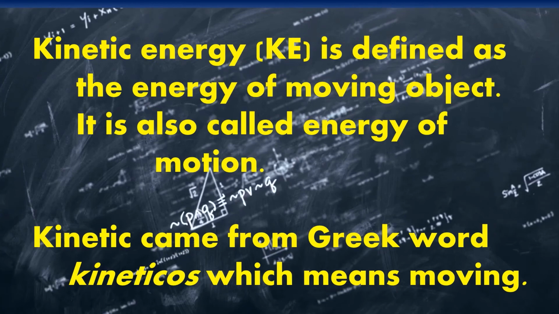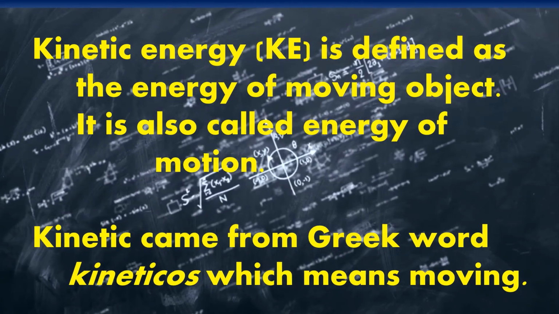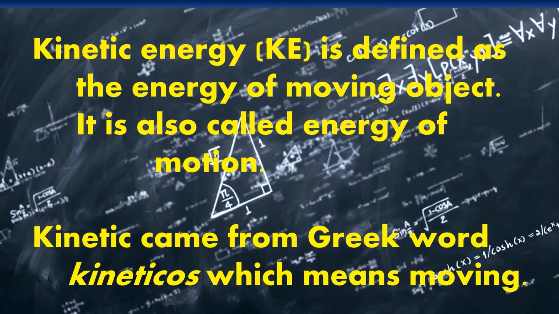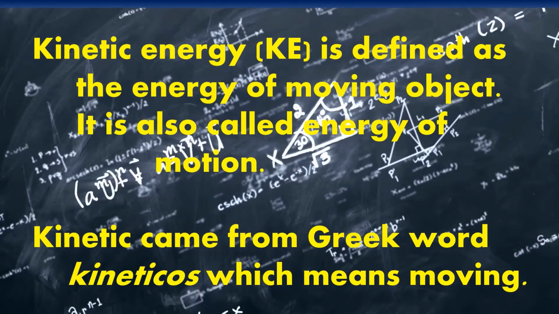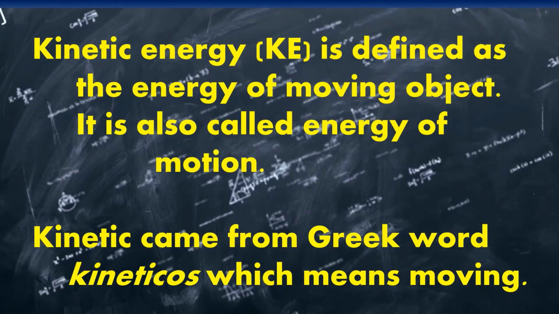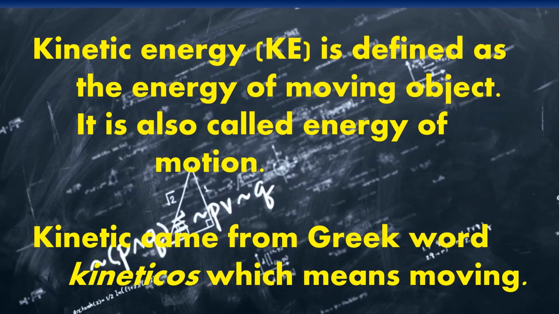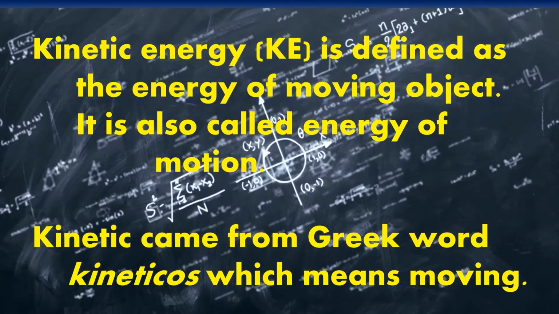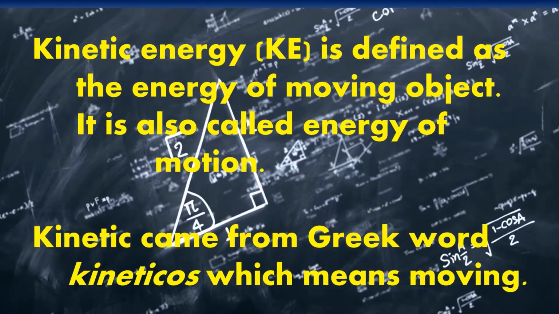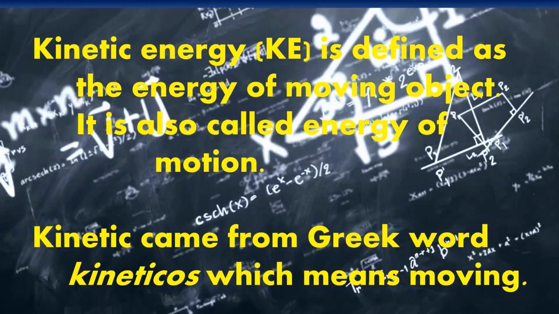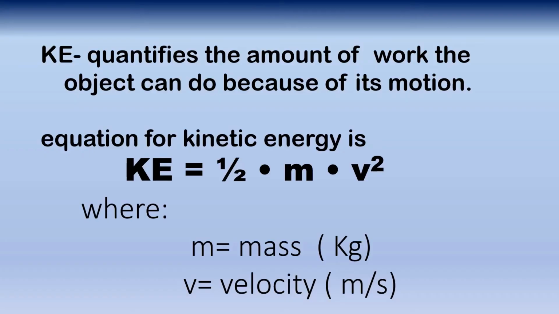Kinetic energy, or KE, is defined as the energy of a moving object. It is also called the energy of motion. Kinetic came from the Greek word kinetikos, which means moving. Kinetic energy quantifies the amount of work the object can do because of its motion.